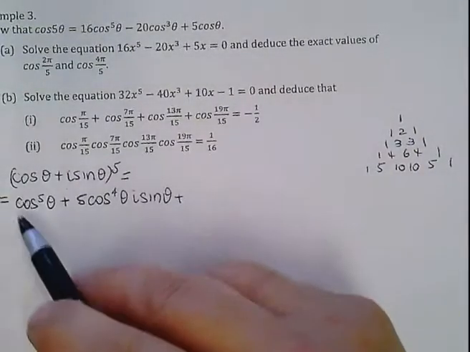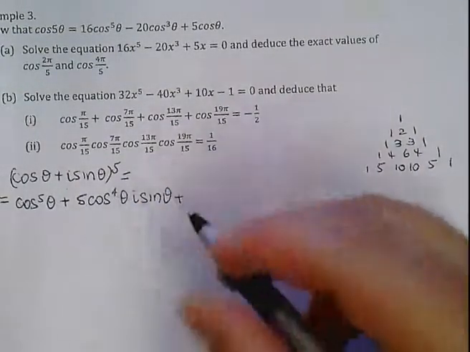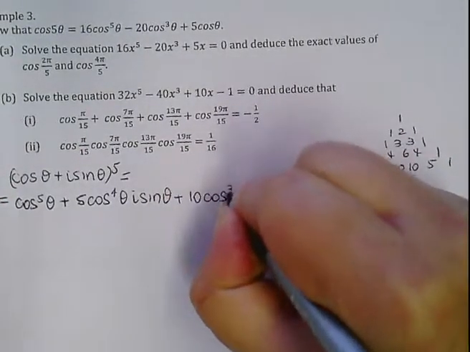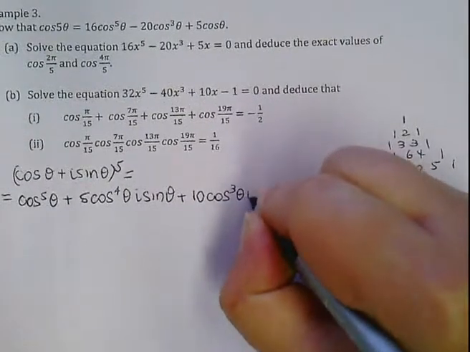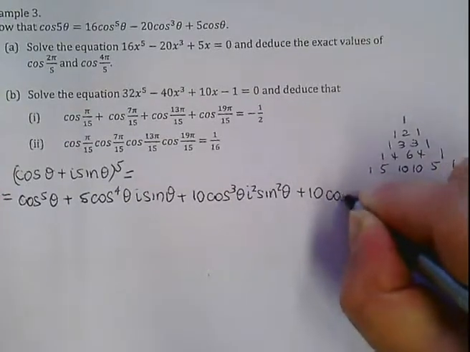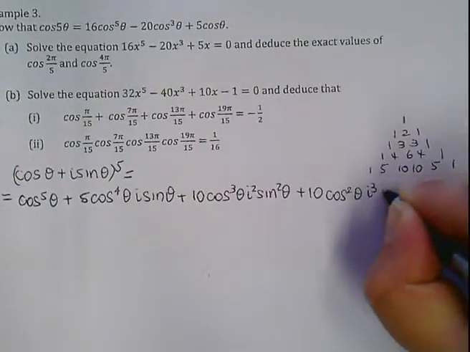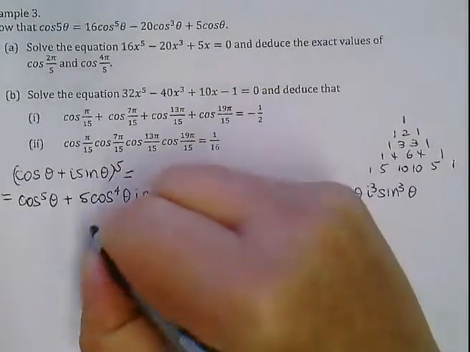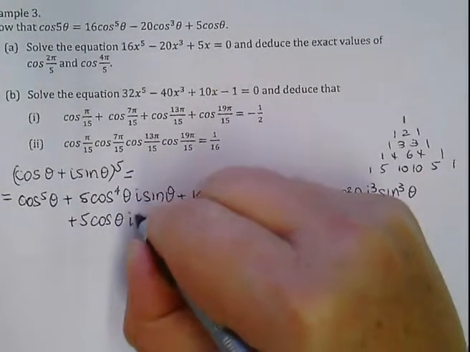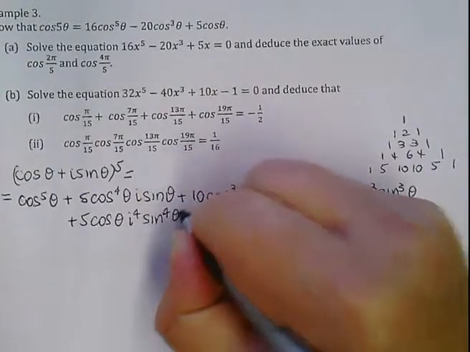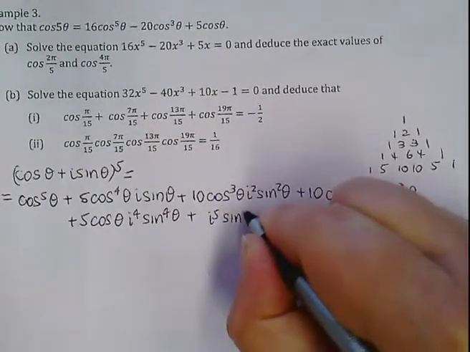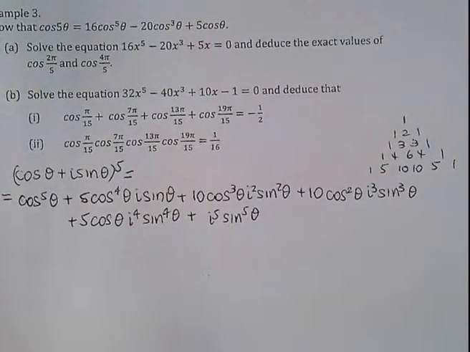So we've got cos to the power of 5 theta plus 5 times cos to the power of 4 theta i sine theta plus 10 cos cubed theta i squared sine squared theta plus 10 cos squared theta i cubed sine cubed theta plus 5 cos theta i to the power of 4 sine to the power of 4 theta plus i to the power of 5 sine to the power of 5 theta.